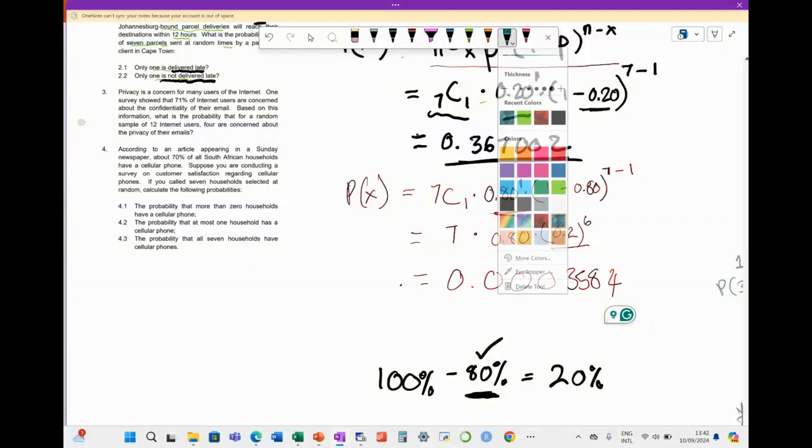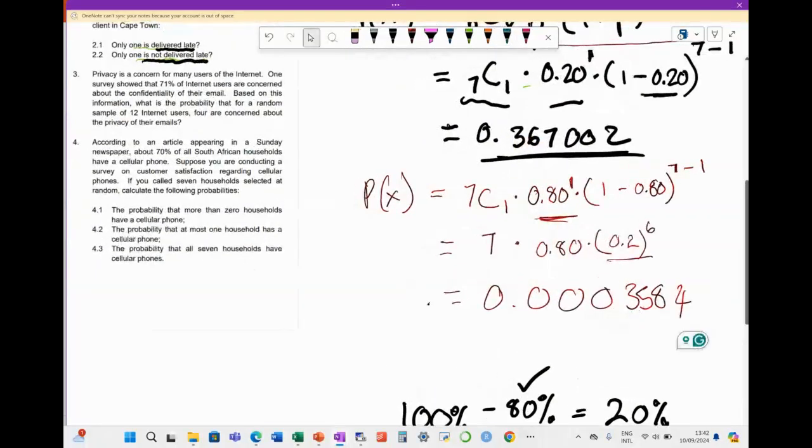Okay, so now they're telling us, privacy is a concern for many users of the internet, definitely. One survey showed that 71% of internet users are concerned. The moment you see them mentioning percentages or certain numbers, you know, I need to underline, I need to make sure I take note of those things, okay?